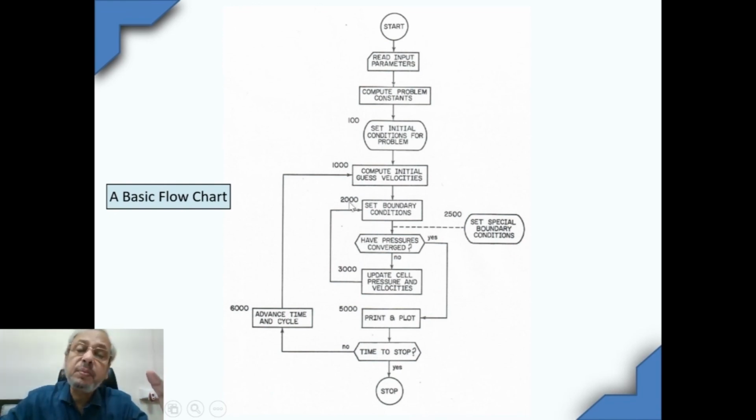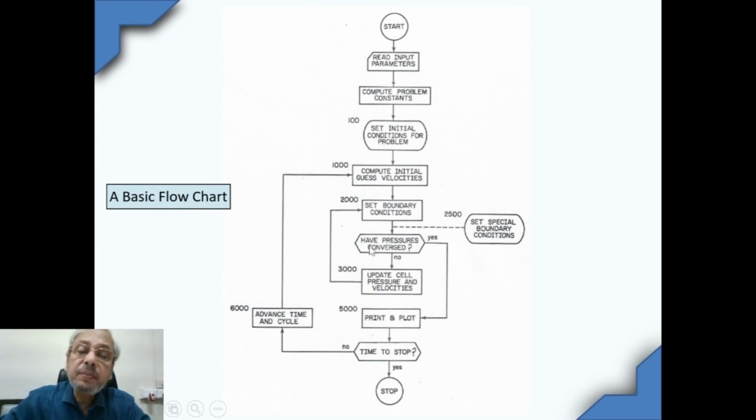Set boundary conditions. If you have additional boundary conditions, because we have only discussed confining boundary conditions, this may be a flow with many obstacles inside, maybe flow past a circular cylinder, a sphere, a square cylinder, or any other object within the computational domain. So set up those special boundary conditions to describe the obstacle.